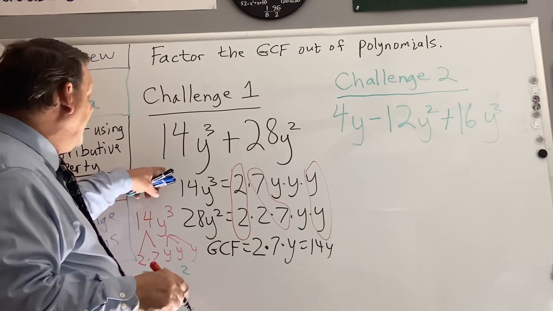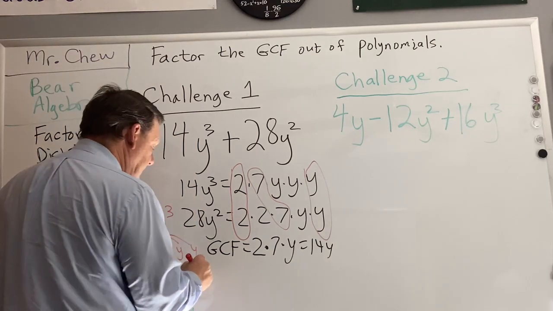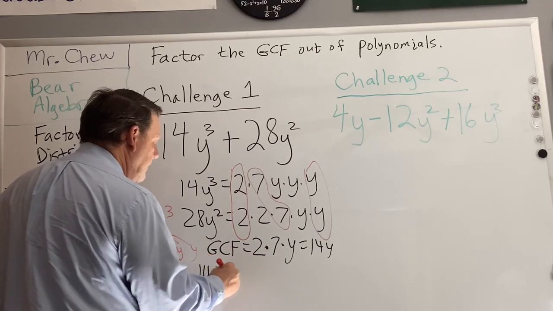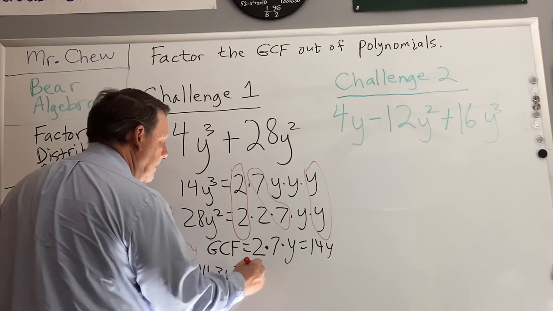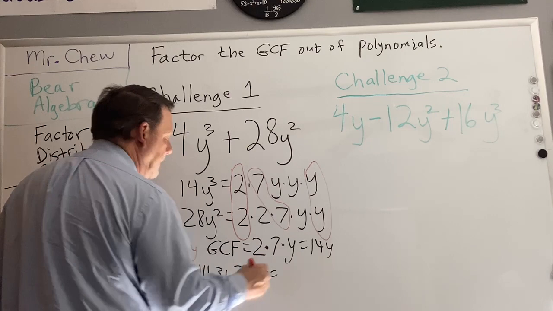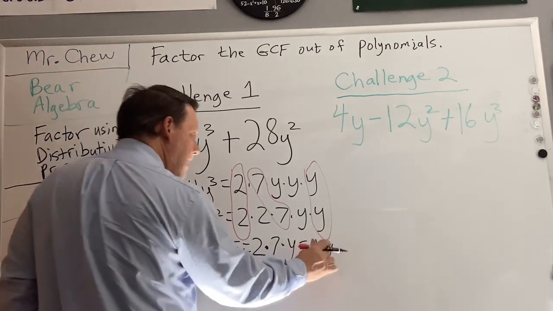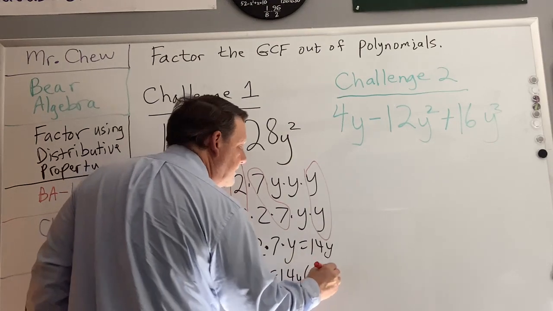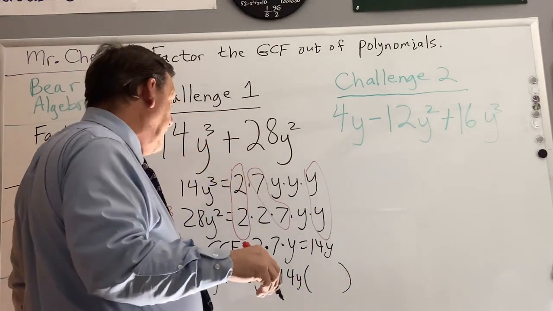So if I want to factor the GCF out of this, I write down my original. Then I write my GCF with parentheses. This is reversing the distributive property.